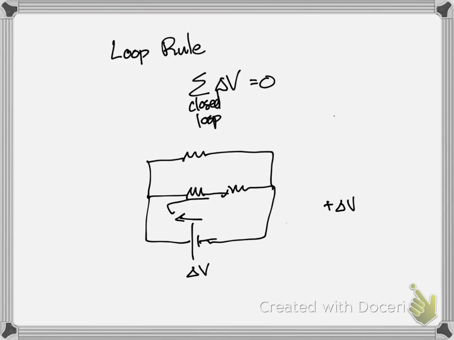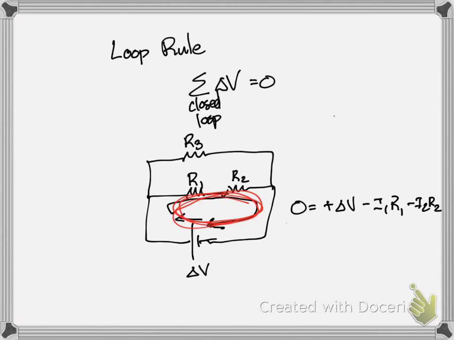And then as we go around this closed loop, let's just do the bottom loop. If this is R1 and this is R2 and this is R3, then we've got minus I1 R1 minus I2 R2 equals 0. That's this loop here.